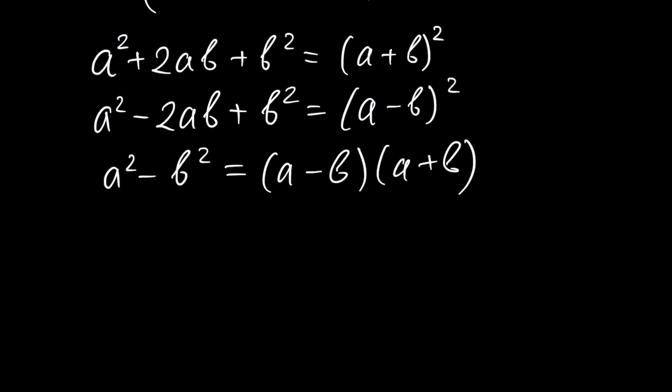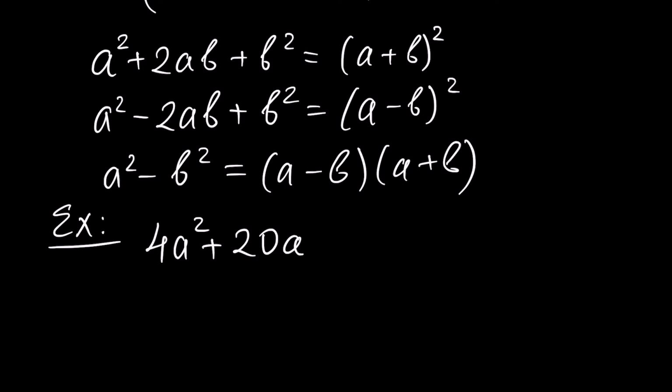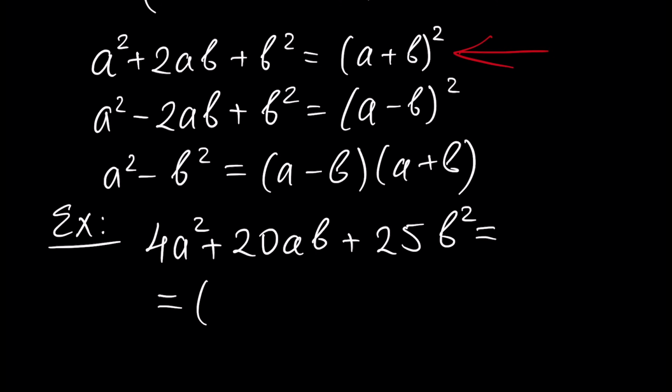Using these formulas, we can solve this example. For example, if we have 4a squared plus 20ab plus 25b squared, using this formula, we can write it as 2a plus 5b squared.